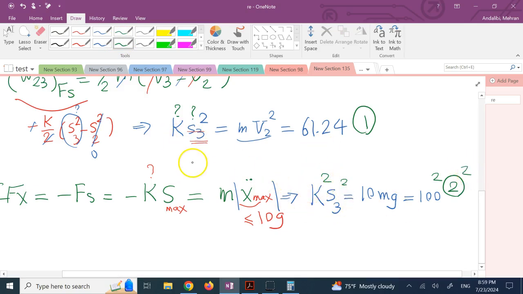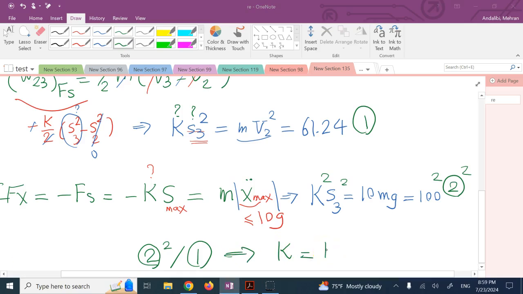The s3 squared would cancel, you get an extra k, and that should give you k. And the number that you find for k is going to be 163.29 pound force per feet. Done.